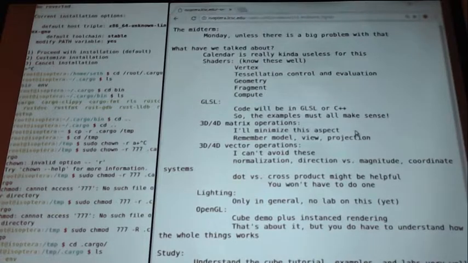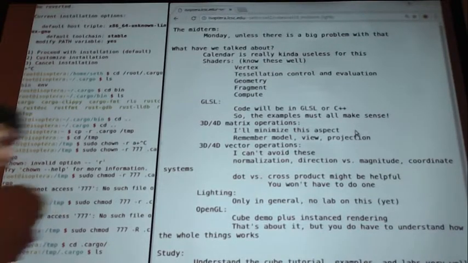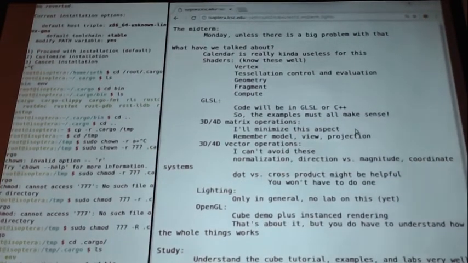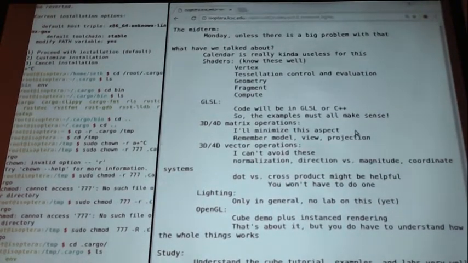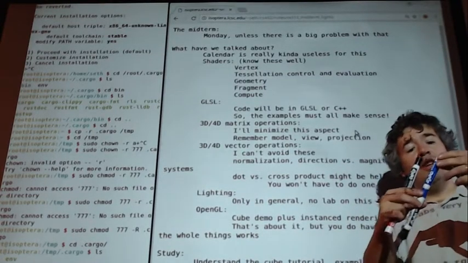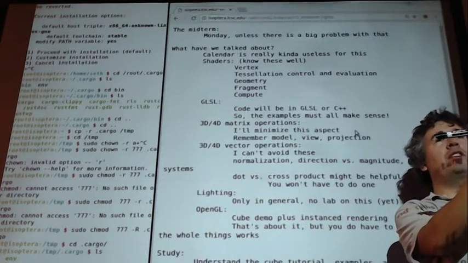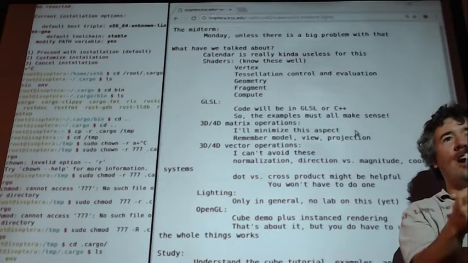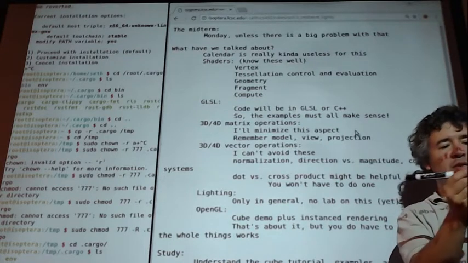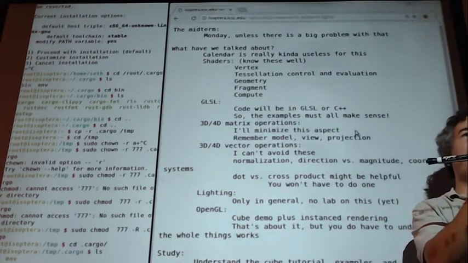Cross product, you take two vectors. If you've got two vectors like this, you take the cross product, you get a vector that's perpendicular to both of them. Could be either direction, it depends on where it is relative to the two. The important thing is you get a perpendicular one.